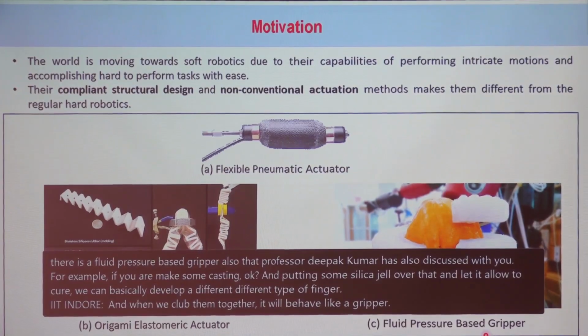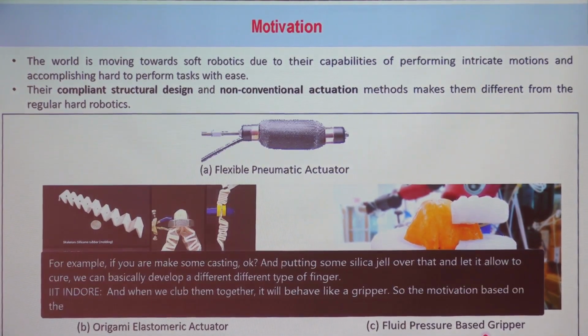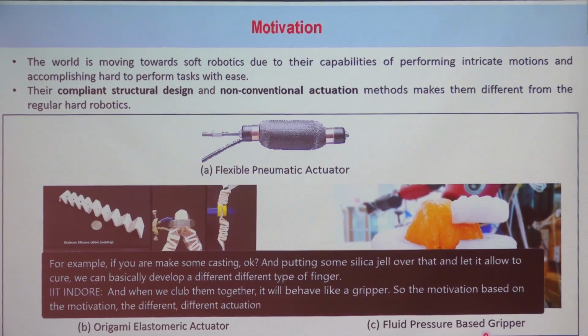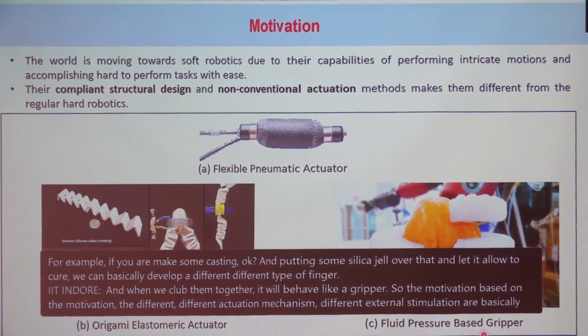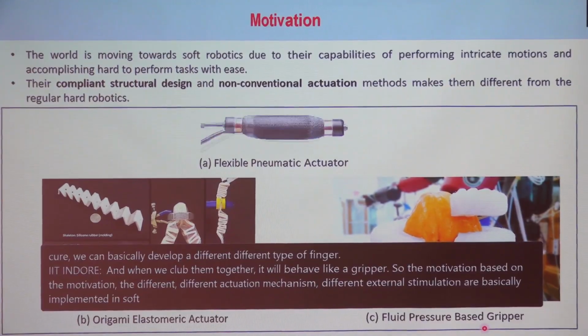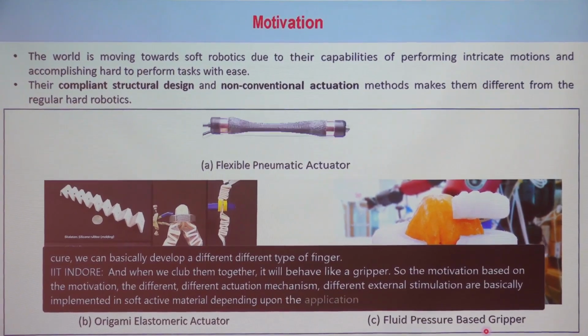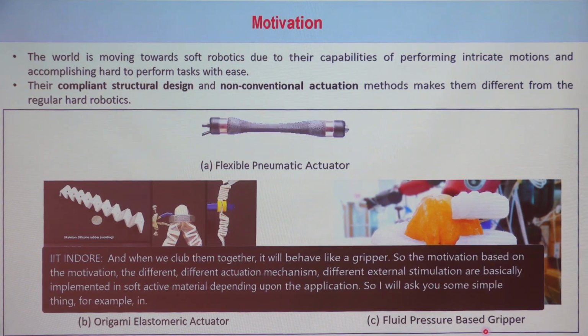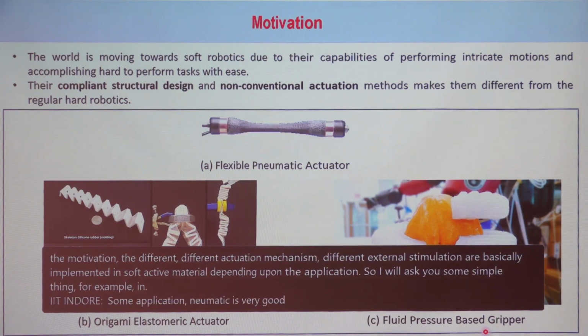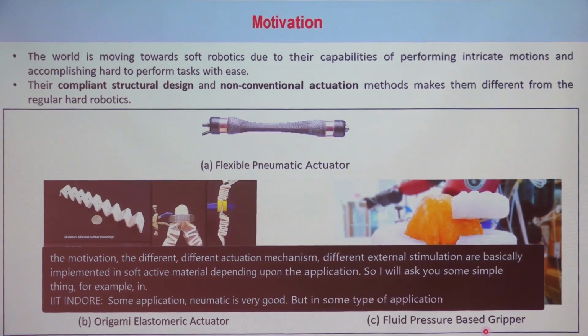Based on the motivation, the different actuation mechanisms and different external stimulations are implemented in soft active material depending upon the application. I will ask you a simple thing. For example, in some applications, pneumatic is very good, but in some types of application, it is not providing that much effectiveness.